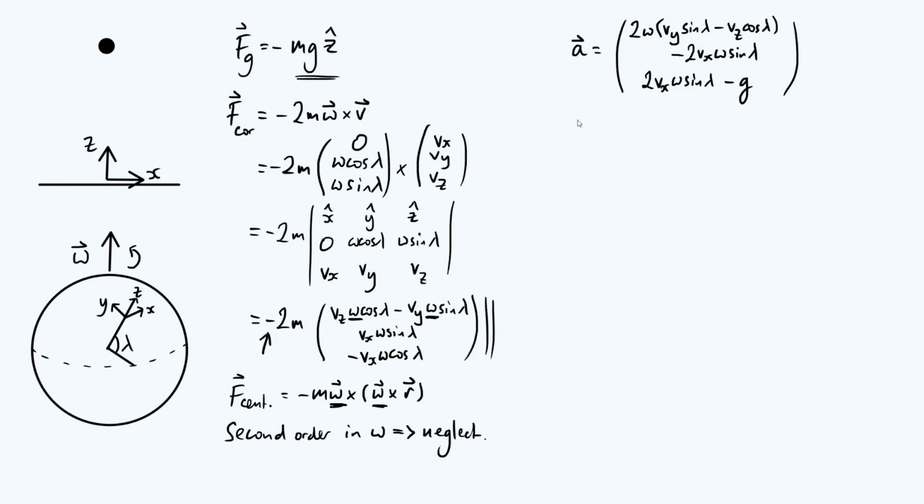So let's just make a note to summarize that. We've got various quantities which we are considering small for the purposes of this problem, right? So the small quantities are, we've already said omega, but also Vx and Vy.